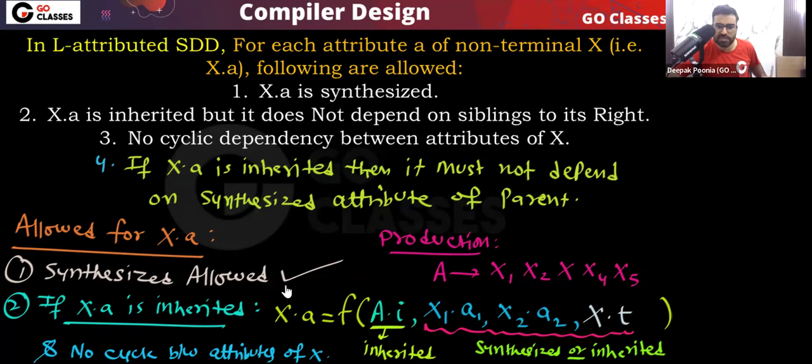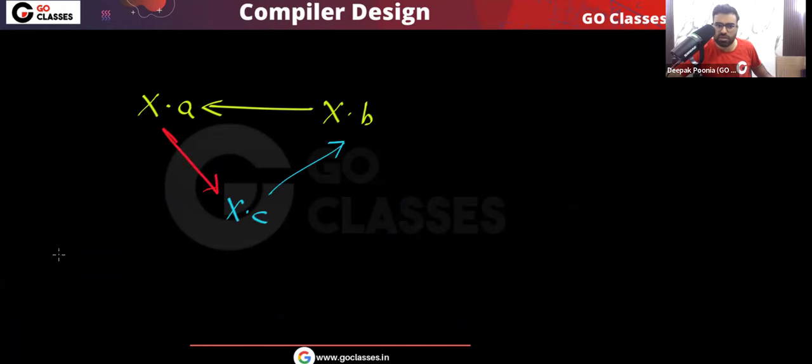It should not happen that, let's assume, to compute X.a you need X.b, to compute X.b you need X.c, and to compute X.c you need X.a.